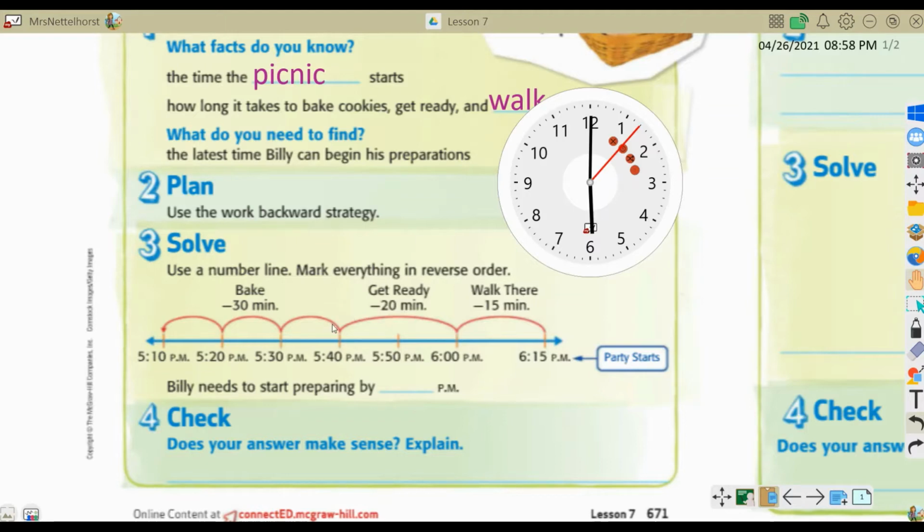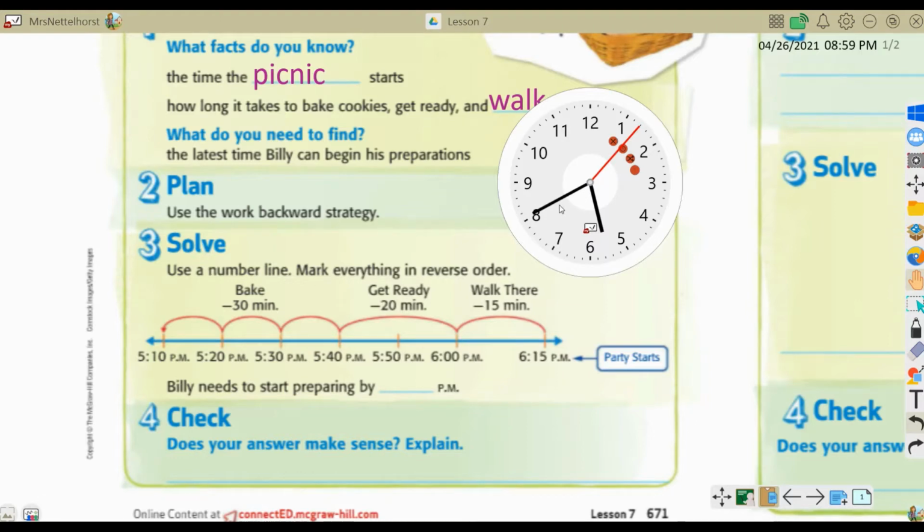Now I'm going to go back 20 minutes because it takes 20 minutes for him to get ready. So since I'm going into the hour before 6, I need to move my hour hand back into the hour of 5, and I'm going to go backwards 20 minutes. 5, 10, 15, 20.